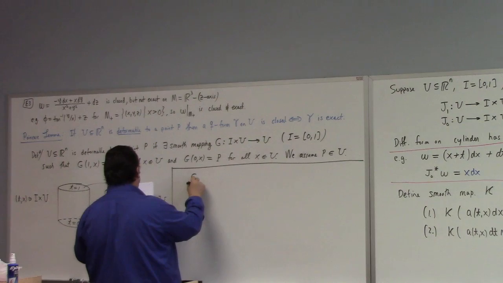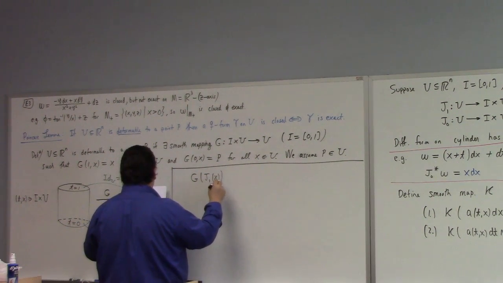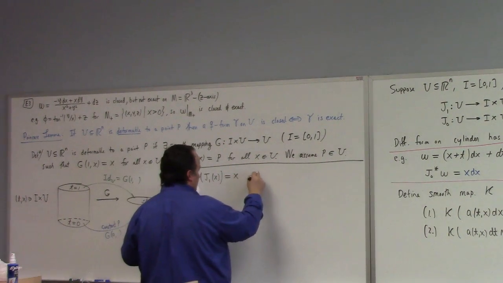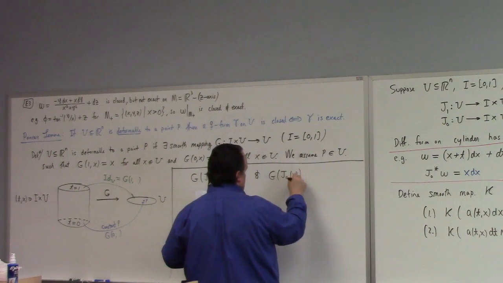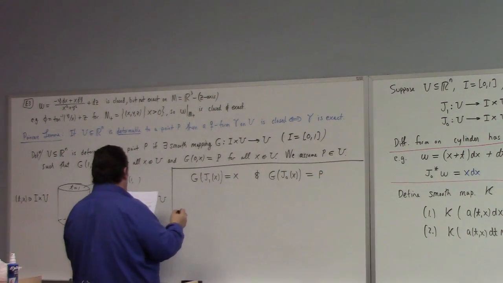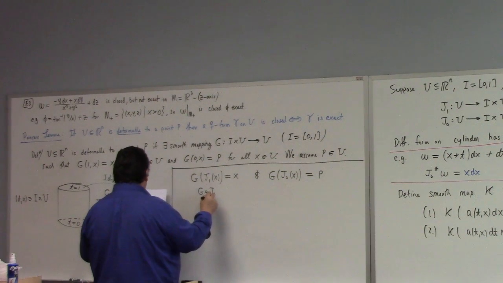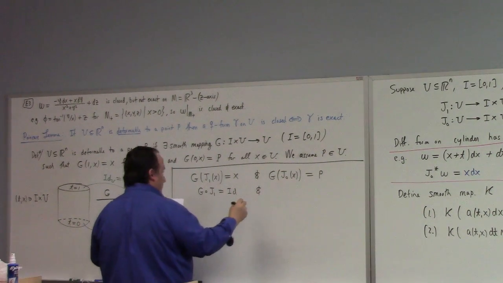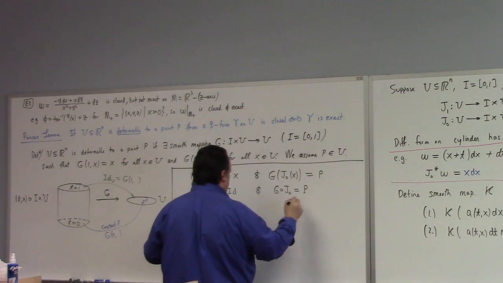G of J1 of x is equal to x, and G of J0 of x is equal to P, which is to say that G composed with J1 is equal to the identity, and G composed with the J0 map is equal to the constant map P.